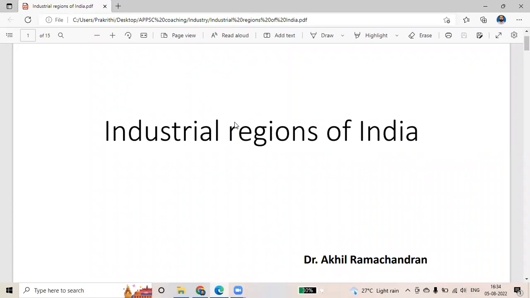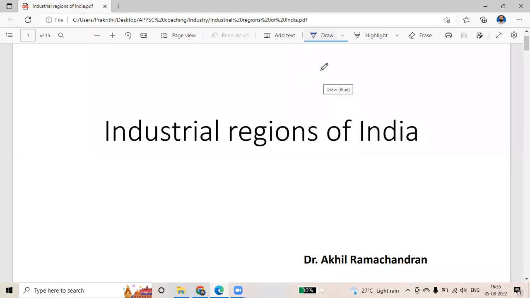If it happens so, we will call it an industrial region. So there will be multiple industries in that region. For India, we have mainly 6 to 8 major regions, and there are minor regions as well. That is what we are going to discuss today.